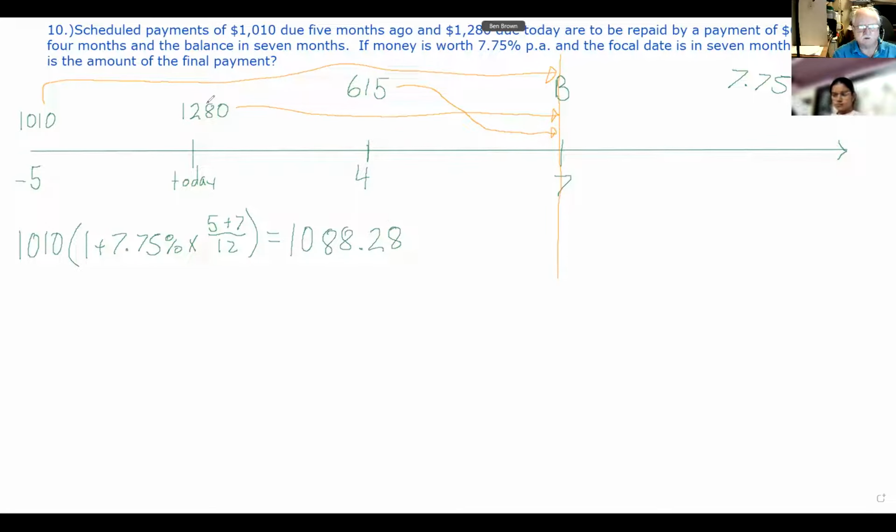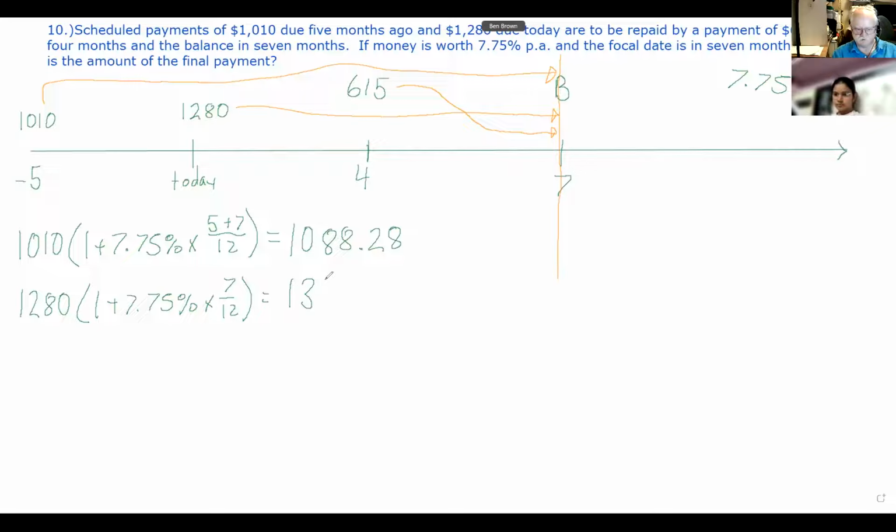So let's do the same for the 1,280. 1280 times 1 plus 7.75%, and this has to go 7/12 of a year. So 7 divided by 12 times 7.75% plus 1 times 1280. So this has gained interest.